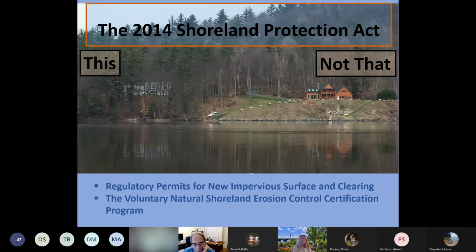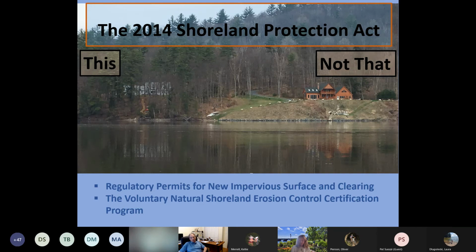We've heard a little bit about the 2014 Shoreland Protection Act that was passed, and for the first time gave statewide review to development within 250 feet of the mean water level. For most projects that increase the impervious surface area or clear native vegetation, a permit is likely needed.